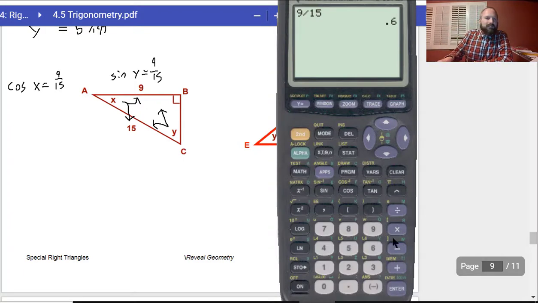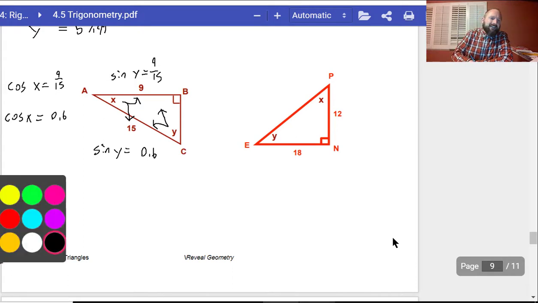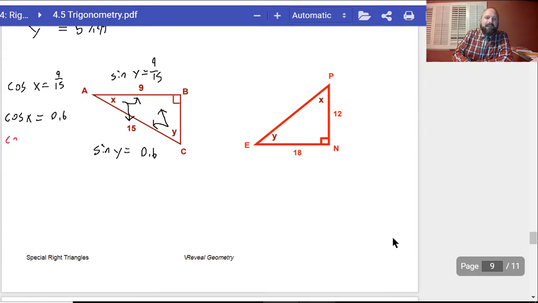So let's write it in. 0.6. So the cosine of x equals 0.6. And the sine of y is equal to 0.6. So now we have to do the inverse on both sides. This is just like, find the inverse of times 4, okay, divide by 4.